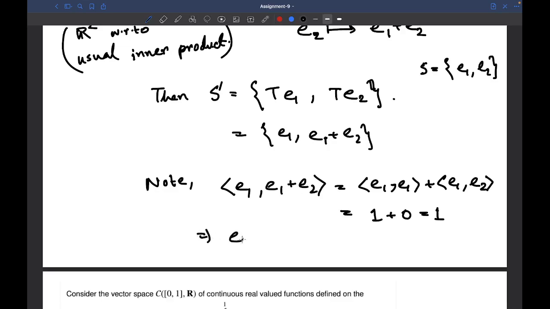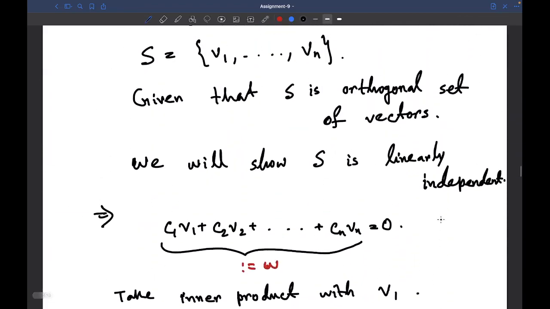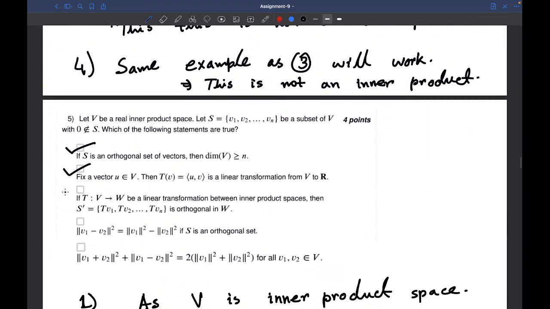So you will get 1, which implies S dash is not orthogonal, right? So this is in general not true. So option number 3 is false. Okay, so option number 3 is done.